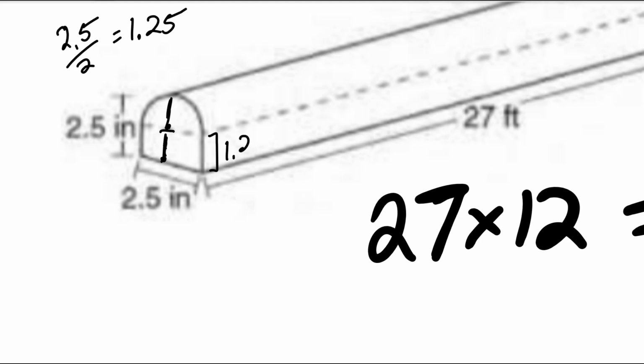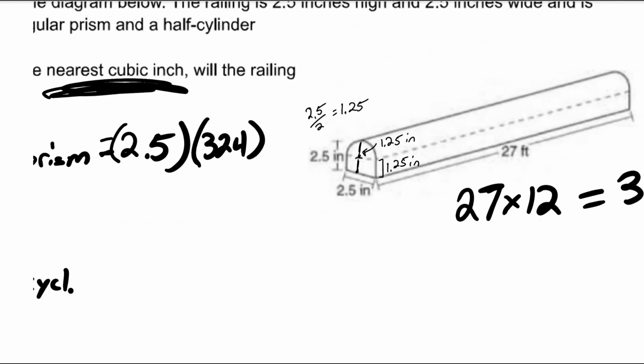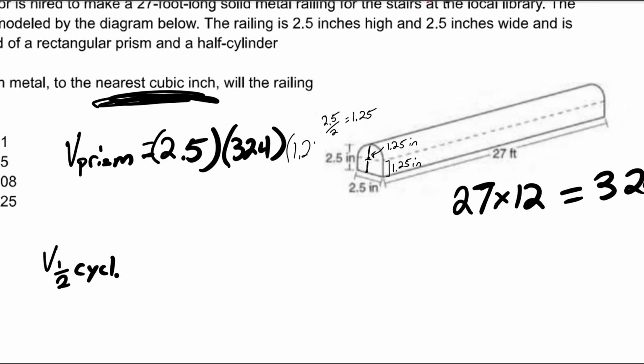So the height of this rectangular prism is 1.25 inches, and the radius of that half cylinder when we get to it will also be 1.25 inches. So if I substitute all that into my formula, I find that the volume of the prism on the bottom is 1,112.5 cubic inches. Now everything's in inches here, so I know that's going to be my unit.